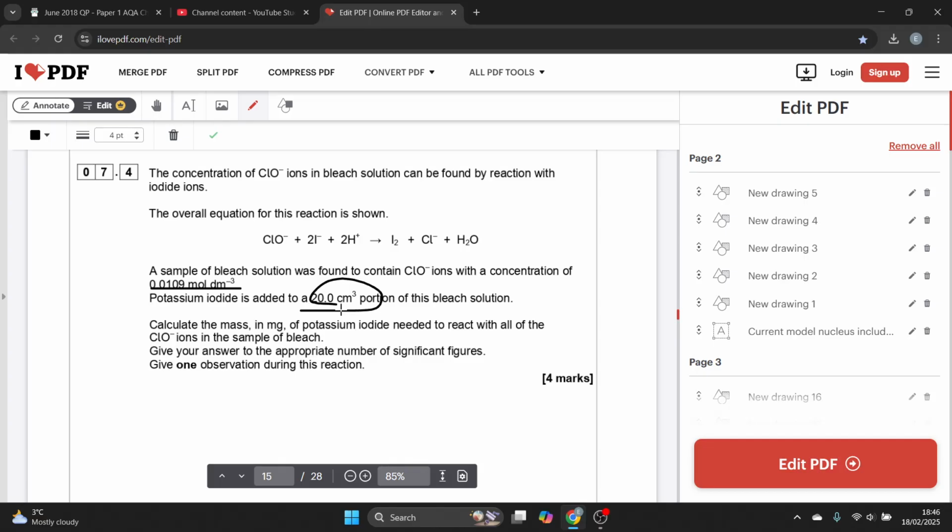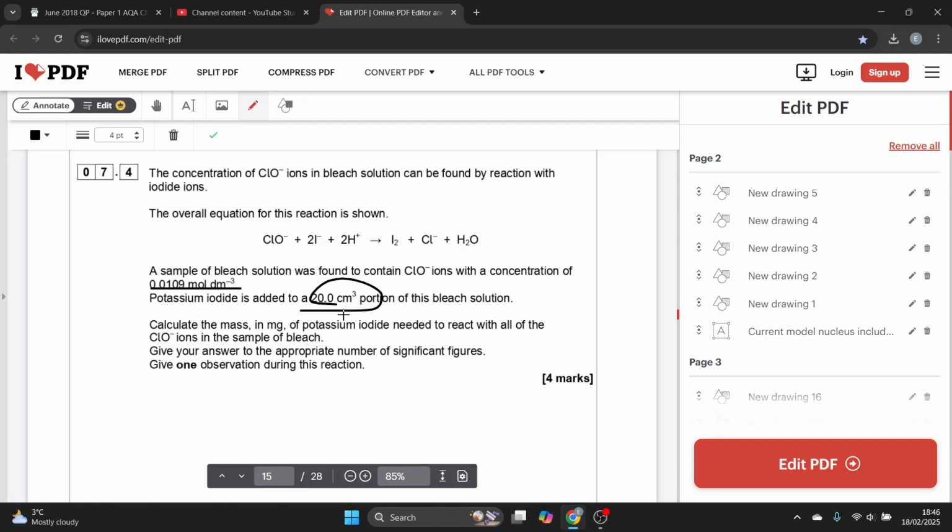So I find the moles of ClO minus in the bleach solution, then I can find the number of moles of potassium iodide, and then the mass is moles times by Mr. Then times by 1000 to convert into milligrams.